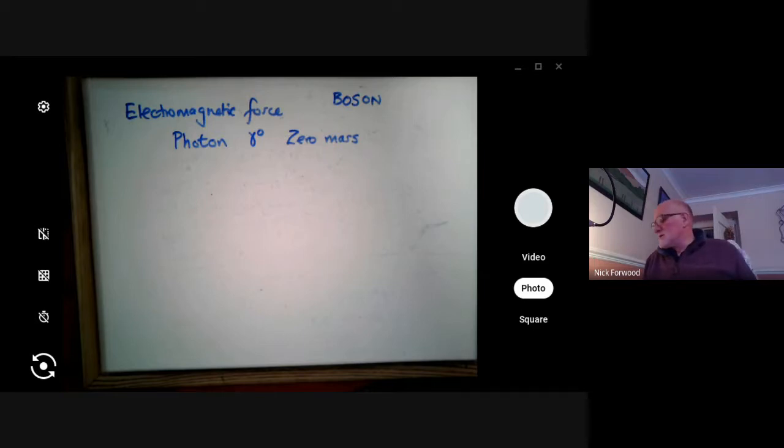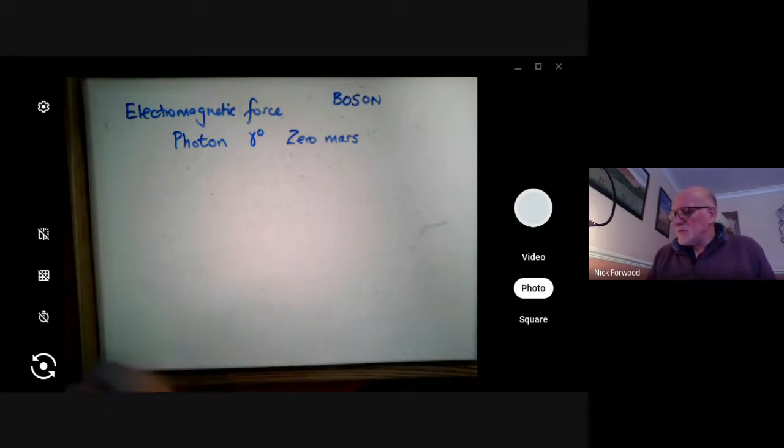This is another one of these things that we don't know about particularly. So what is it that's transferred backwards and forwards between two repelling electrons? It's a photon that zips between the two, and the photon causes the electrons to repel each other. So the photon is a boson. Right, so that's the electromagnetic force.